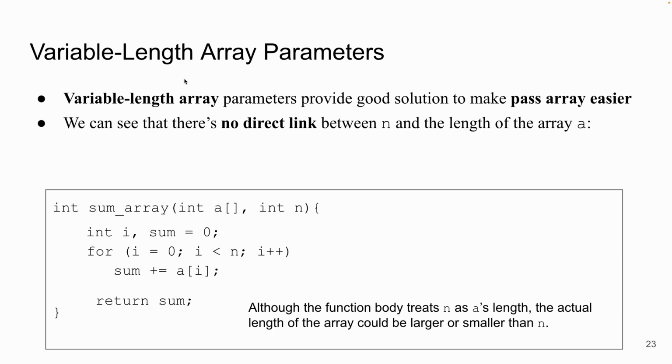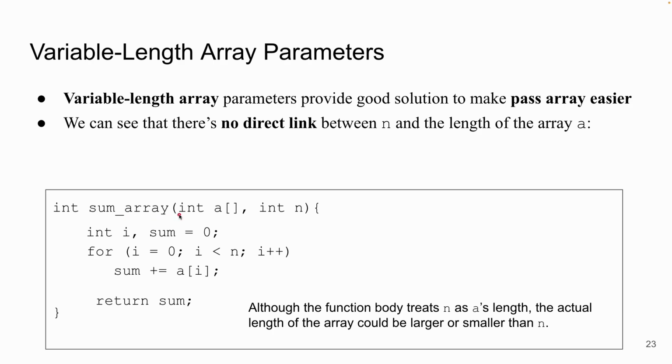So if we have this kind of array that is called variable length array, so we can write down, and so this is the sum array we have previously, right? So there are some drawback in this version of sum array.